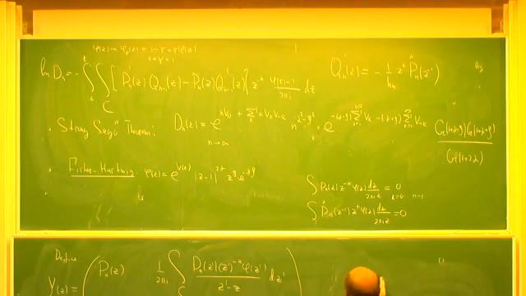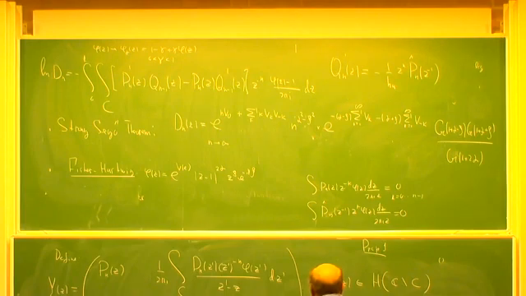Now, the proposition. Let's define this object. This Y solves the following Riemann-Hilbert problem. It is analytic outside of the unit circle. I would assume that phi is good.